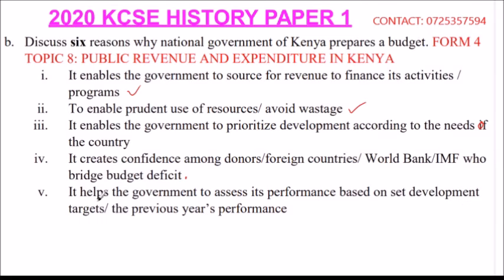Number 5, it helps the government to assess its performance based on the set development targets and the previous year's performance. So with the budget, the government is able to know how it is performing in terms of development.